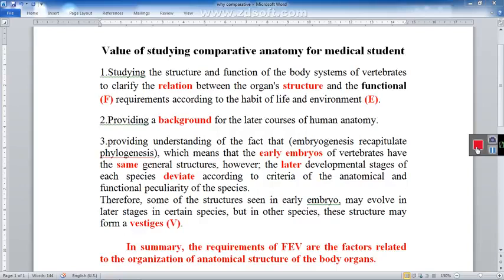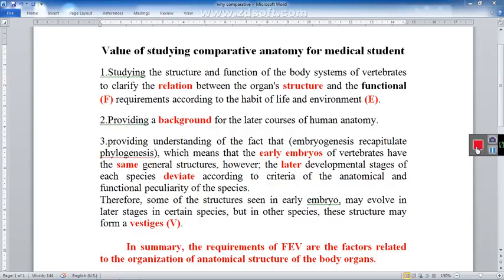You will find that certain species of vertebrate have a certain arrangement or structure of the body, and that arrangement of the organs of the body serves functional requirements.